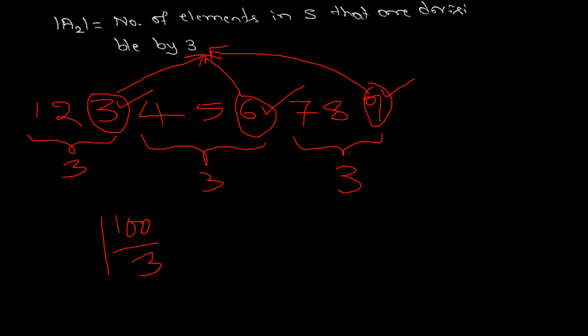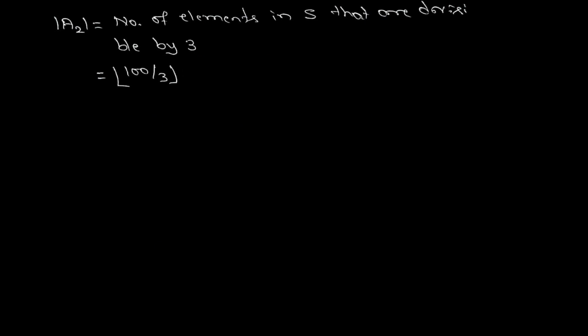And then we have to take the floor function, so that it should be an integer. As we discussed, here is our answer, floor function of 100 by 3, whose simplification will give 33.333 and whose floor function will be 33.